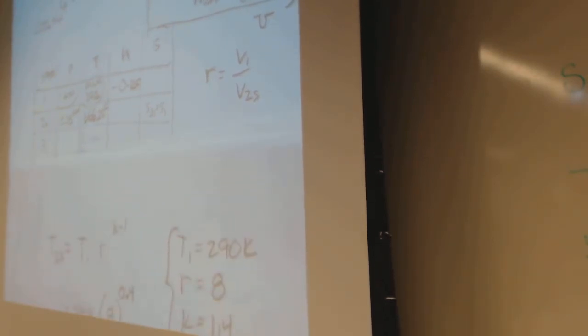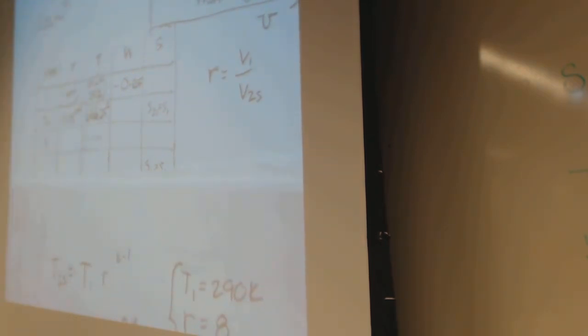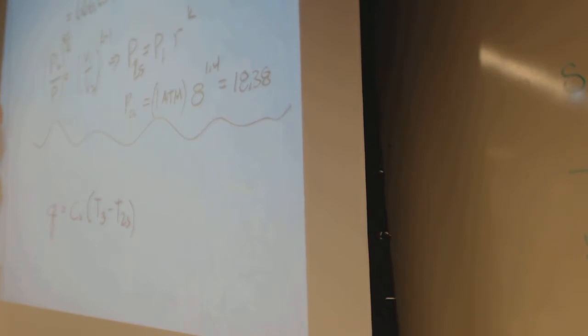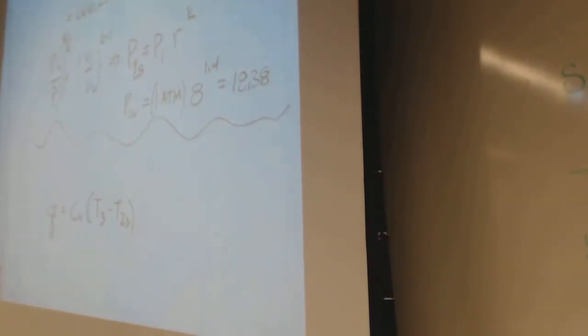So now I want to know what temperature 3 is. How do I find out temperature 3? The way we do that is the amount of heat that went in. It's the constant volume, the piston's kind of parked there.